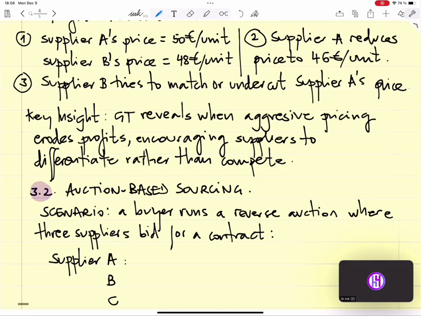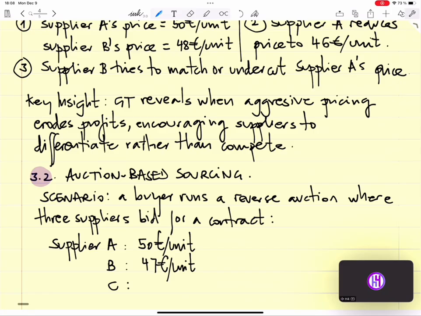And their respective prices are 50 euros a unit and 47 euros a unit and 45 euros a unit.